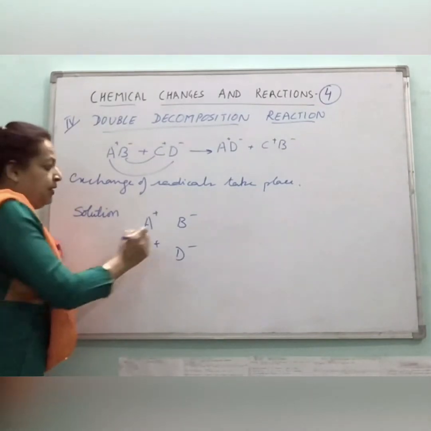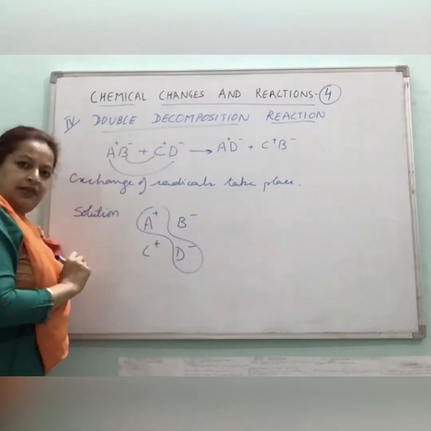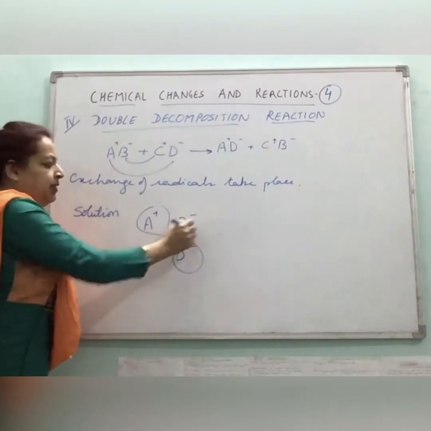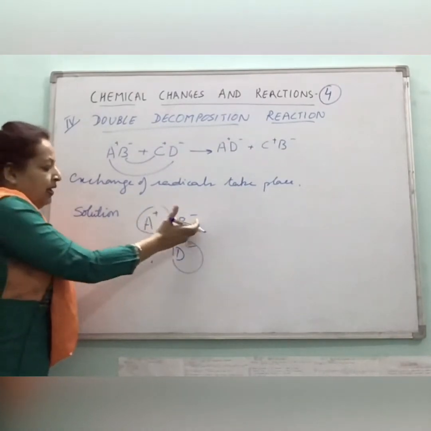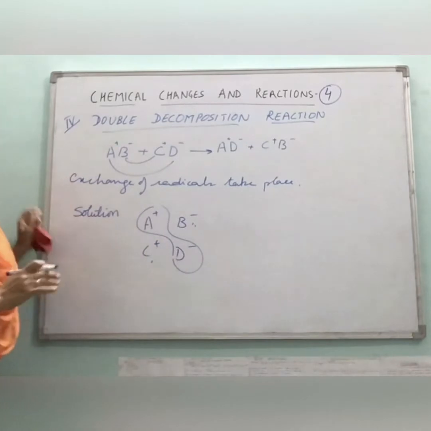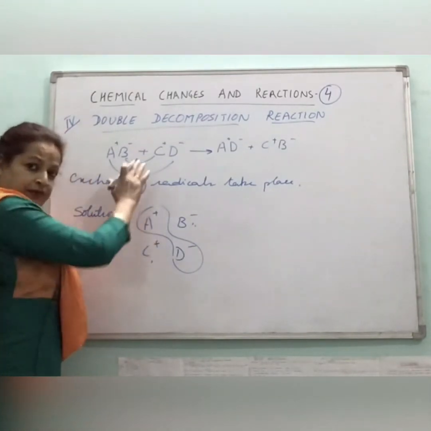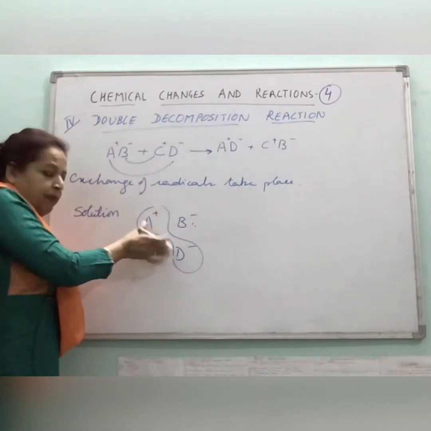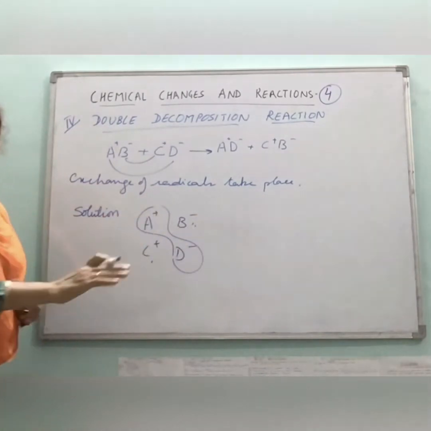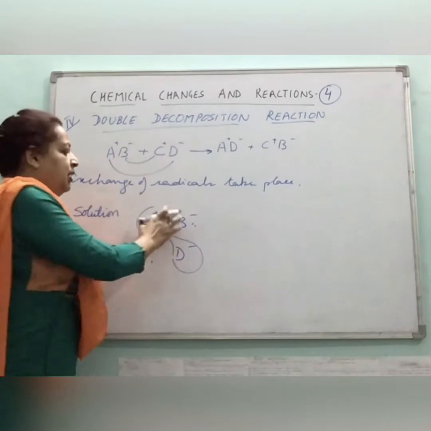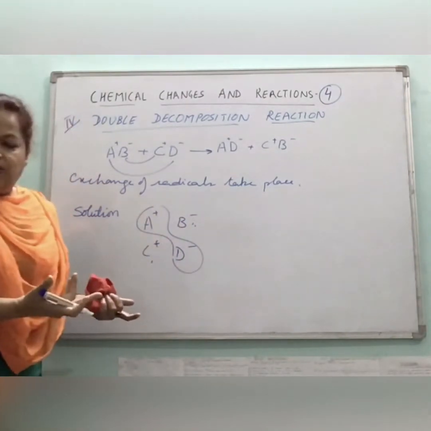Now it is possible that A can combine with this, and once it is combined, these two would be there. Now, this type of reaction would be possible if it combines and separates out. If it doesn't separate out, then there will be 4 ions later on also.